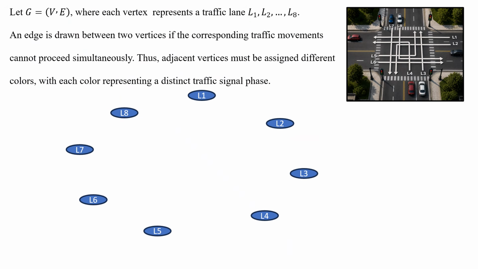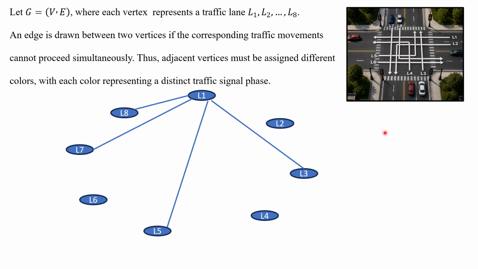So now let us consider the graph with the vertices considering the traffic lanes L1 to L8 from the given figure. So there are 8 vertices L1, L2, L3, L4, L5, L6, L7 and L8. Based on the intersections, let us introduce the edges between these vertices.